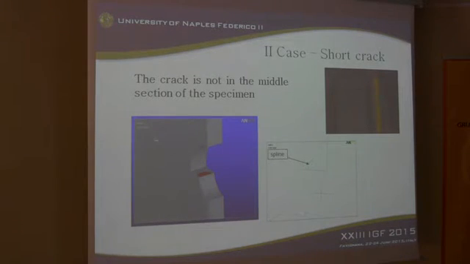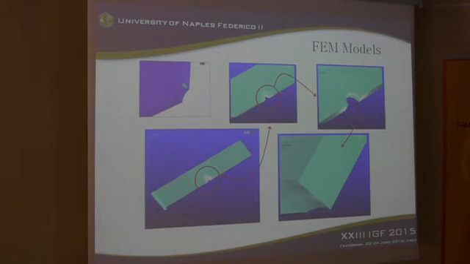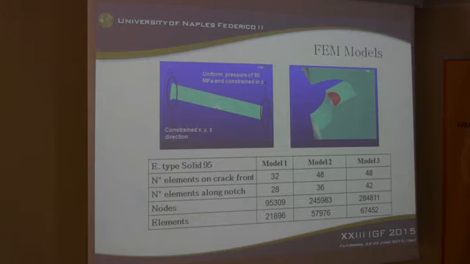In the same way, we have studied the short crack specimen. Also in this case, the crack is not in the middle section of the specimen. The specimen is also modeled with 20-node elements with 3 degrees of freedom for each node.